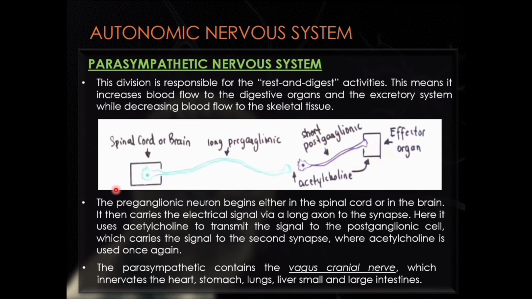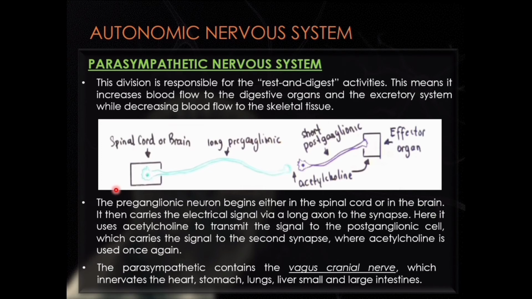They dilate. While our blood vessels that carry our blood to our skeletal tissue decrease in size. And so, we have a decrease in blood flow because we don't have to worry about moving our arms or legs. We're basically sitting down watching TV. So this is what the parasympathetic nervous system does.